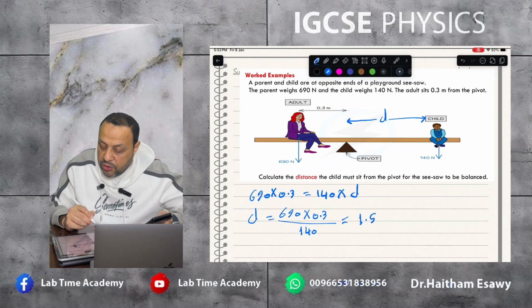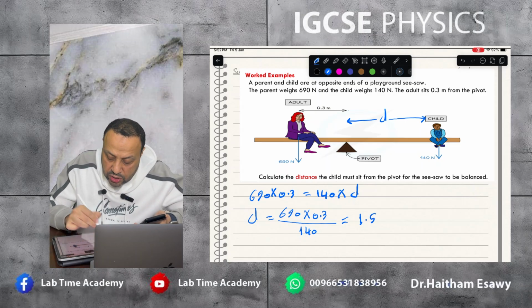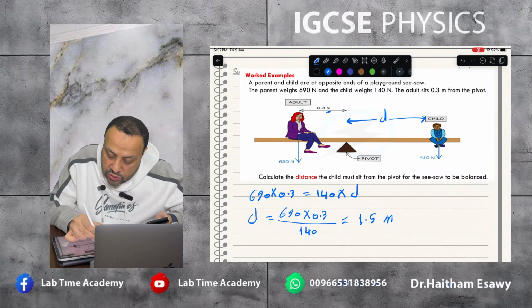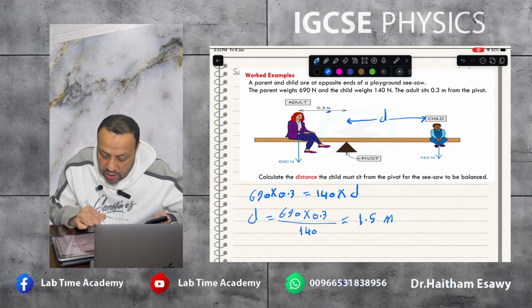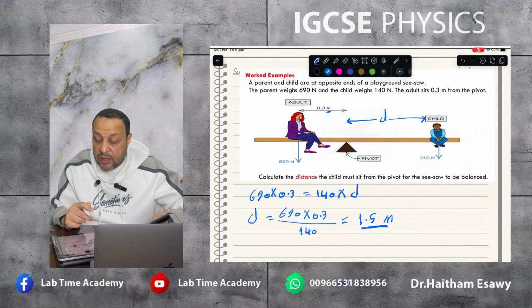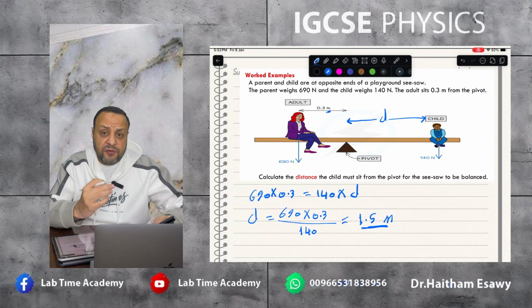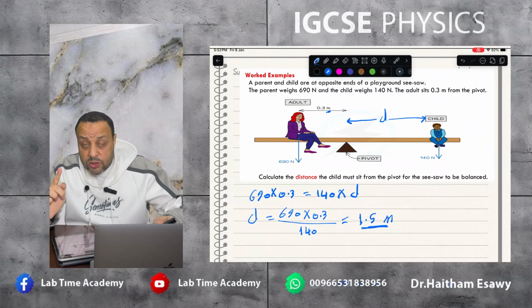What about the units? Here we have meter, here we have Newton, so the distance will be in meter, because the first distance here is in meter, so the second distance must be in meter. So it will be 1.5 meter. Don't write 1.5 Newton dot meter, because this is not a moment of force. He asked you to get the distance, so take care.